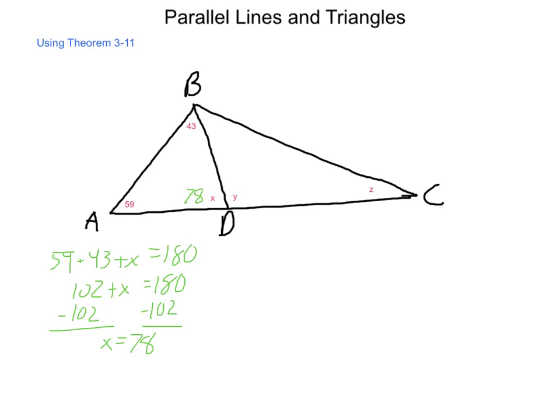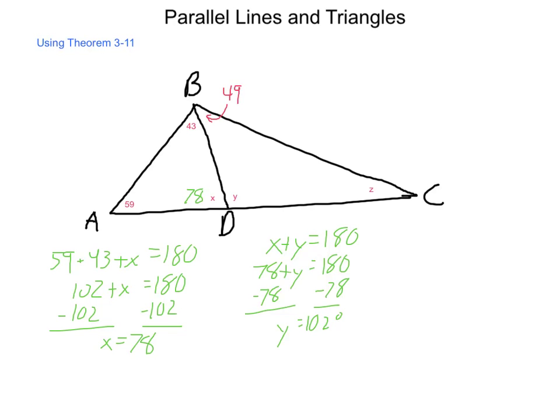Well, now we know that X and Y form a linear pair, so X plus Y has to equal 180. 78 plus Y is 180. Subtracting our 78 from each side, we come out with Y being 102 degrees. Then we can go through and find Z. I neglected to mention that this angle here was 49 degrees.